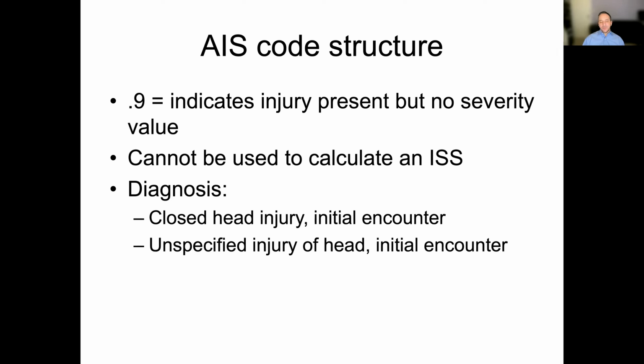And this brings me to the important point to make, that AIS is considered in very conservative terms. So unless you can determine that an injury actually existed, then you can't code it. And unless you can determine with some level of precision or confidence what the injury was, then you usually can't code the severity. And here's a case of that where you cannot code the severity.